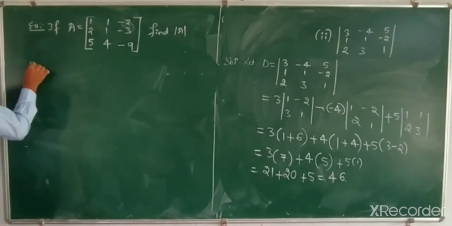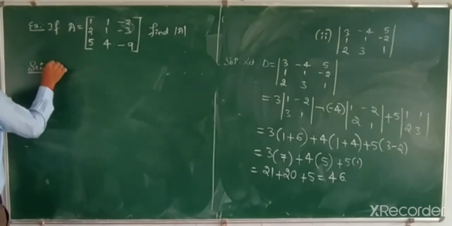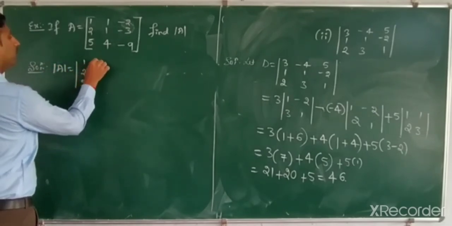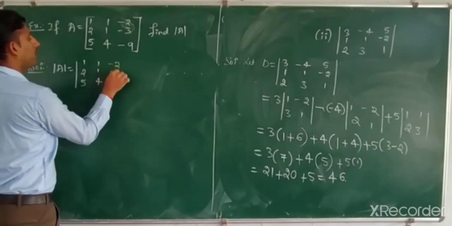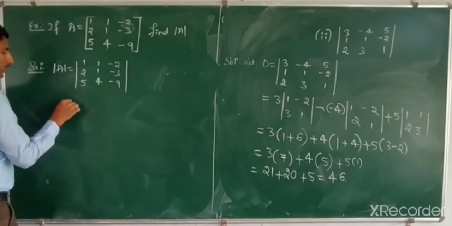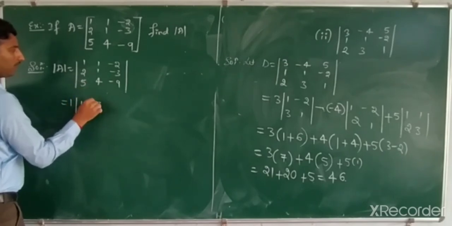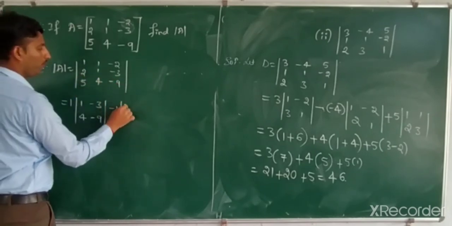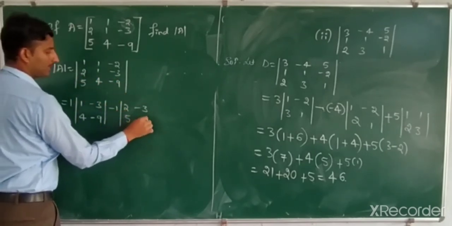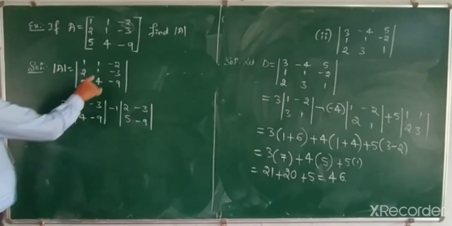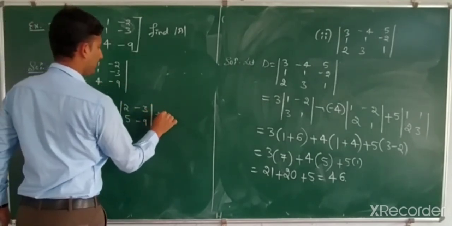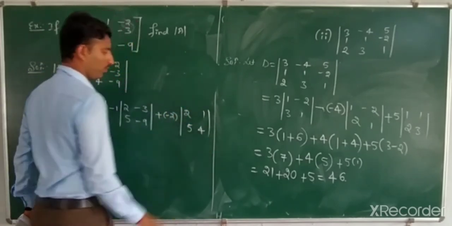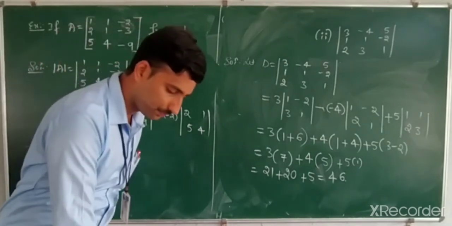Solution. Determinant of A is equal to |1 2 5; 1 1 4; -2 -3 -9|, which is equal to 1 into (1 into -9 minus -3 into 4), minus 2 into (1 into -9 minus -2 into 4), plus 5 into (1 into -3 minus -2 into 1).